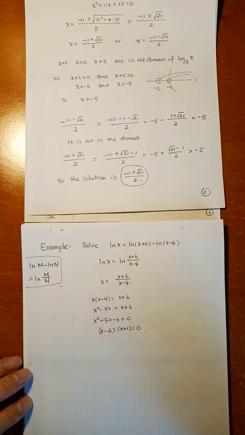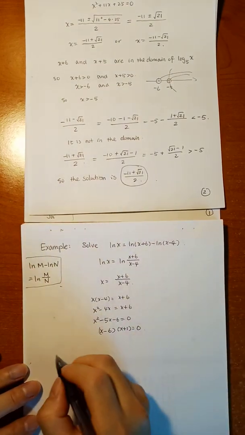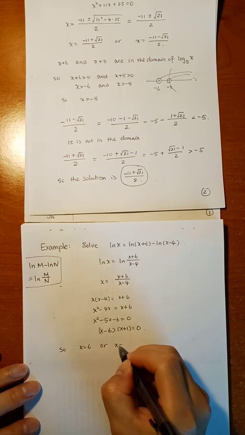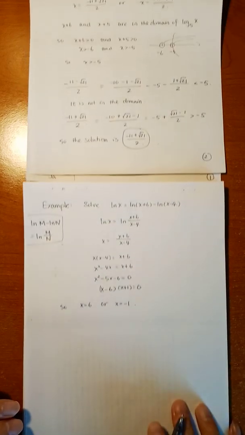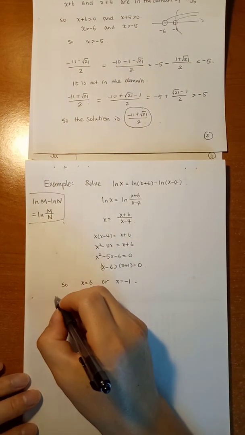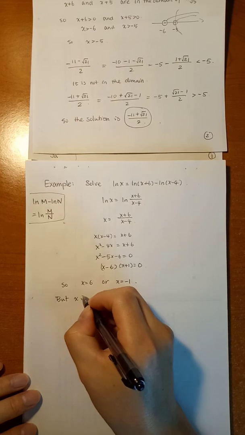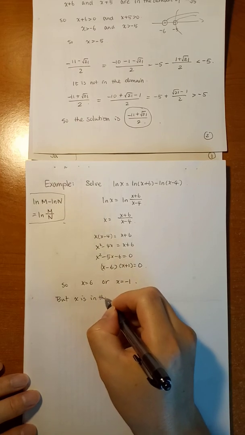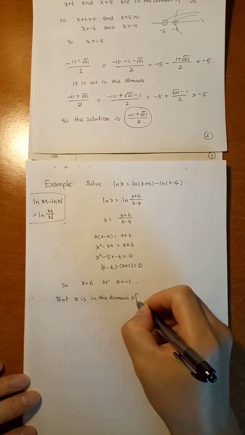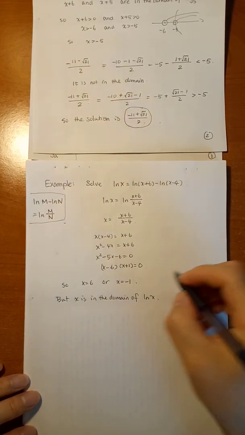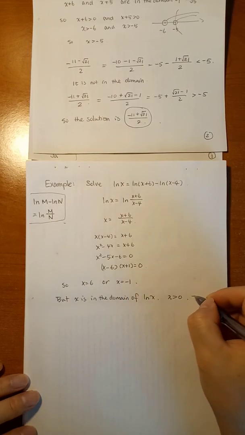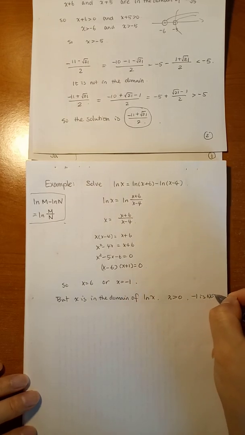So we have two solutions. x is either 6 or x is negative 1. But x is in the domain of natural log of x. So x is positive. Negative 1 is not a solution.